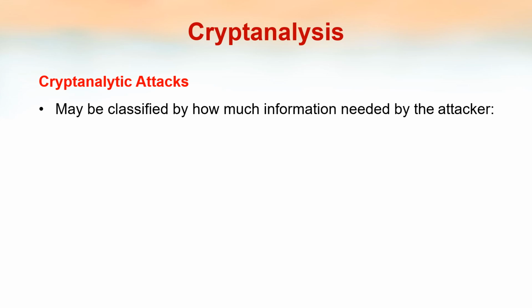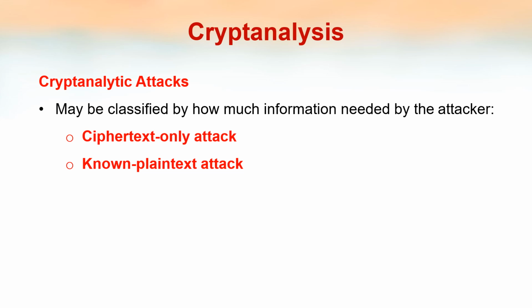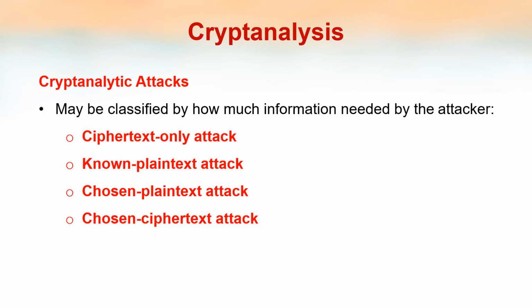Cryptanalytic attacks may be classified by how much information is needed by the attacker. First type is ciphertext only attack. Second type is known plain text attack, then chosen plain text attack, chosen ciphertext attack, and chosen text attack. So these are the different types of attacks.